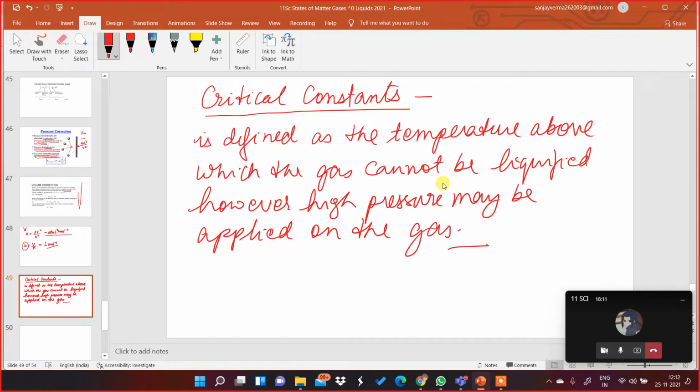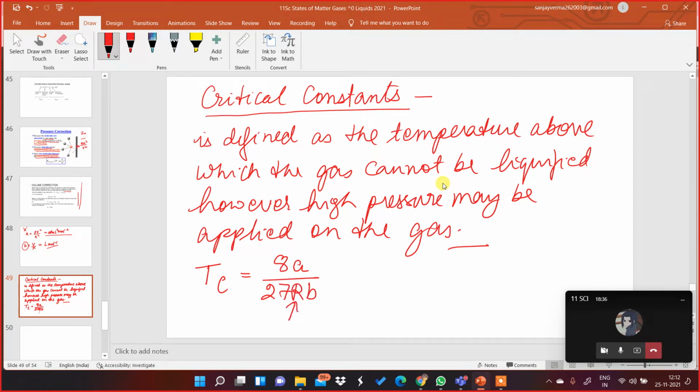A critical constant may be in the form of critical pressure, critical volume, or critical temperature. Now, again, this critical constant can be calculated by knowing the formula. So TC stands for critical temperature. The formula is 8A divided by 27RB.